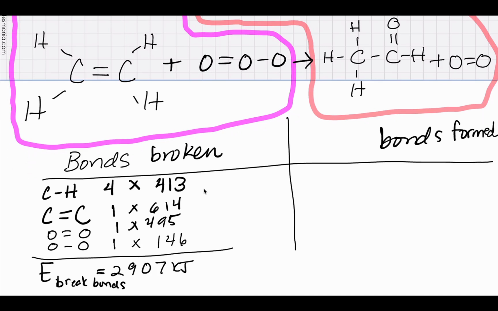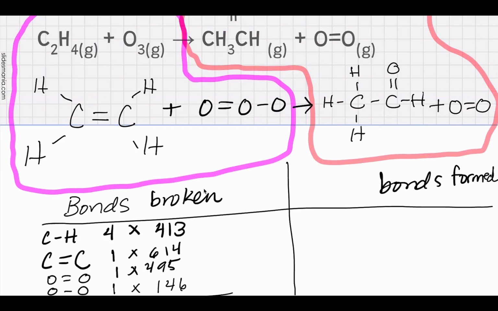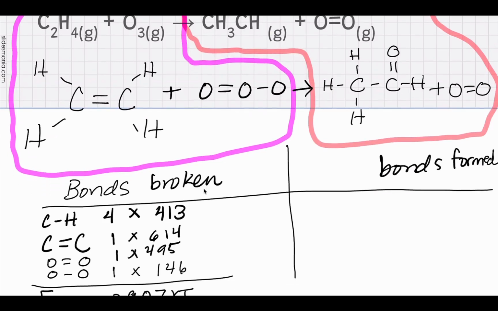So bonds formed, again, you really need to have that structure drawn out. There are those carbon-hydrogen bonds again, and there are 4 of them. I'll just point them out in case you don't see them. So there's 1, 2, 3, 4 of those.